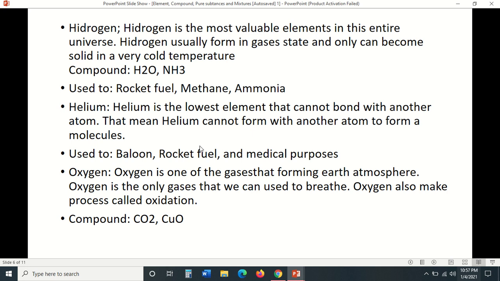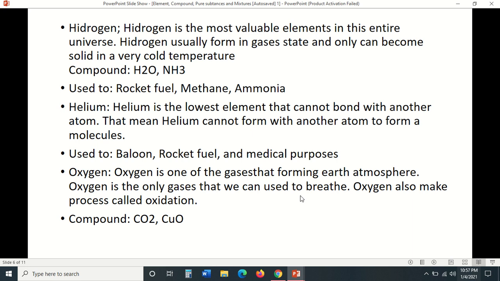And then there's also oxygen. Oxygen is one of the gases forming Earth's atmosphere. Oxygen is the only gas that we can use to breathe, because if we breathe radioactive and toxic gas, we will die.